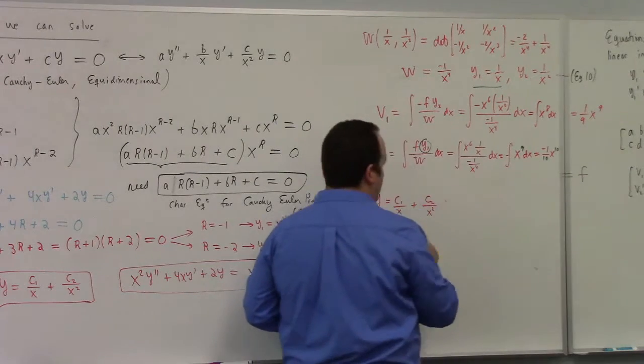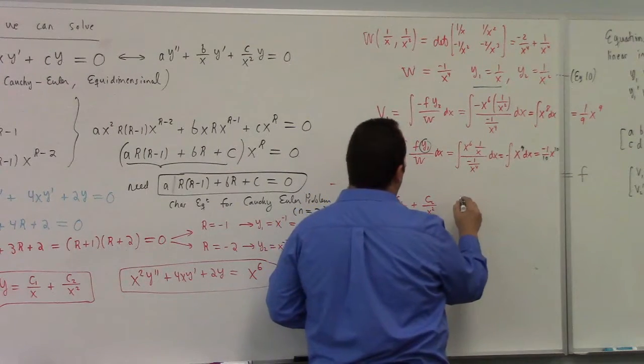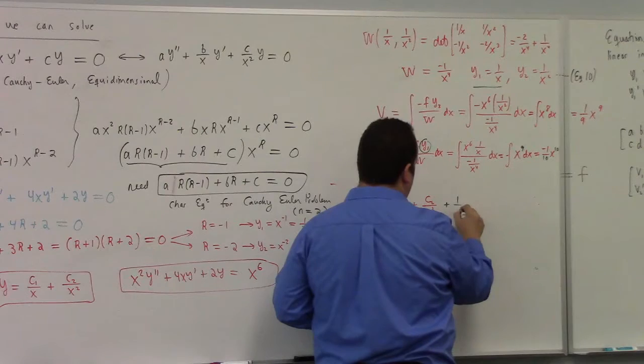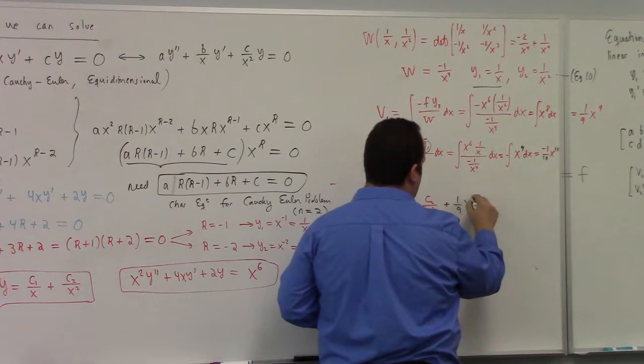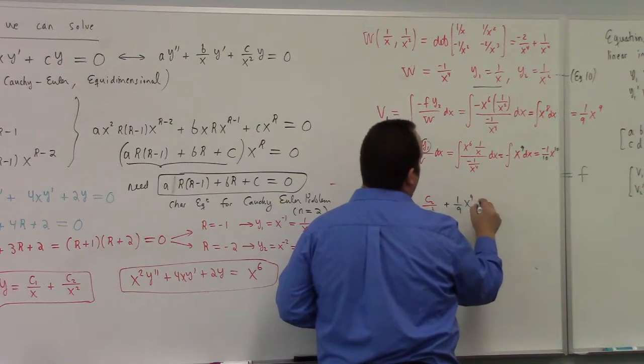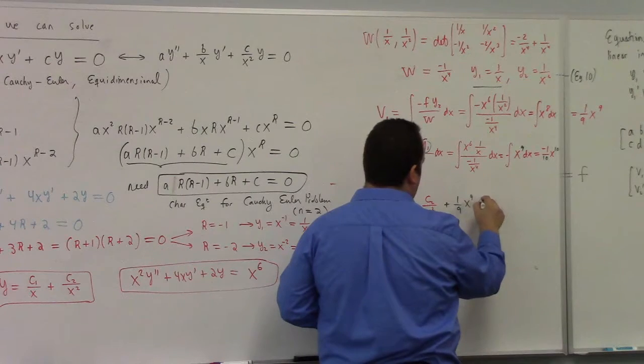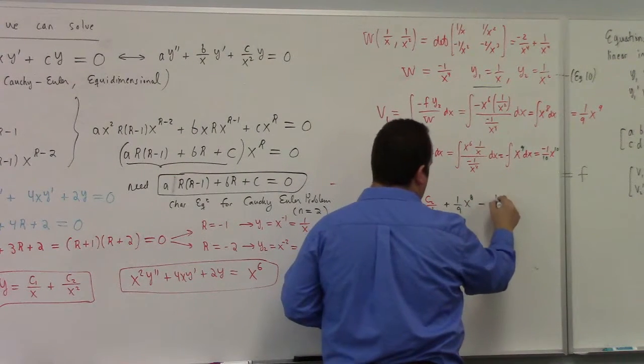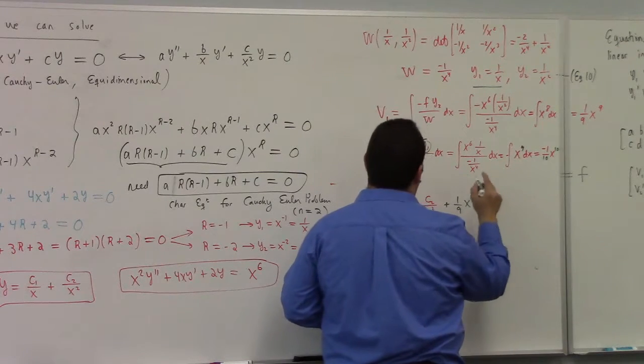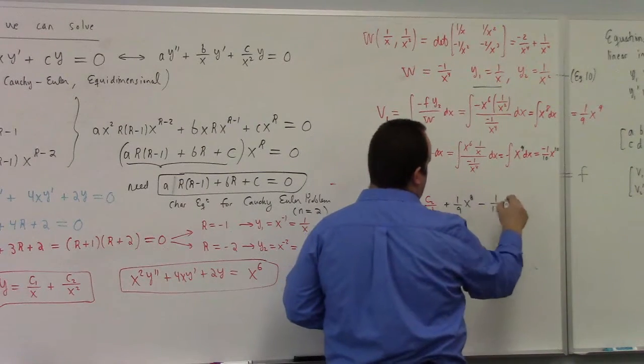Okay. So plus 1/9 x to the 9 times y1, which was 1 over x, right? So that's just x to the 8th. And then minus 1/10 v2 times y2, which is x to the 8th.